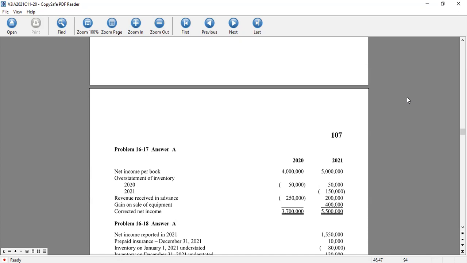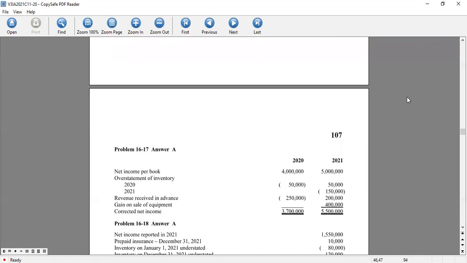We have the overstatement in inventory and another overstatement in 2021. So we have to deduct from 2020 and add to 2021. Now the error is already counterbalanced.